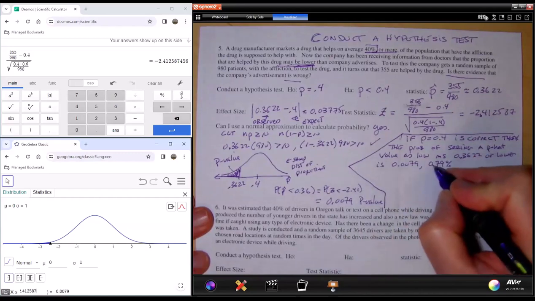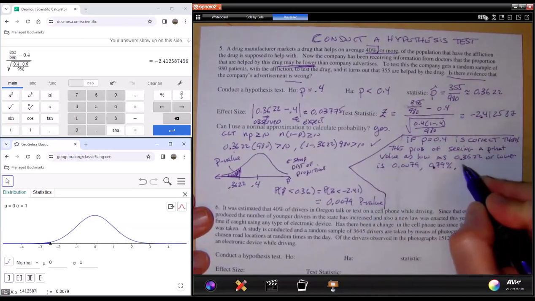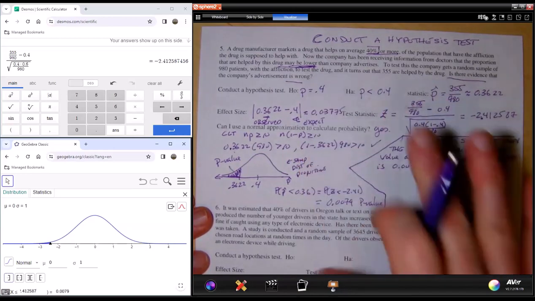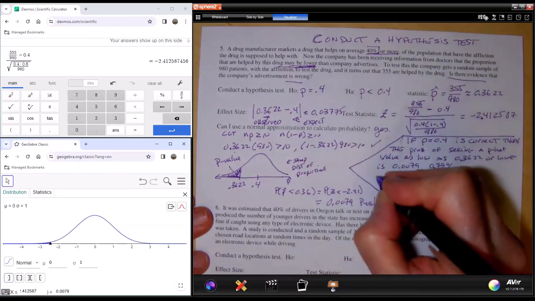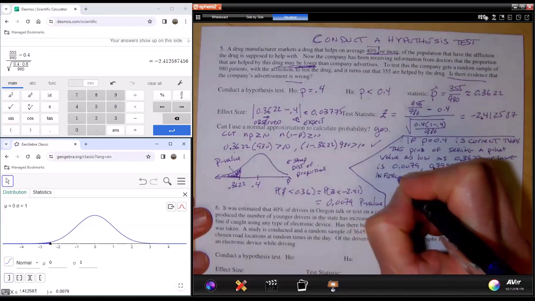So this is not 79%, but less than 1%. And that is the meaning of the p-value. This is what the p-value means. That's all it means. We're conducting a hypothesis test, which is a part of statistics that we call inference.